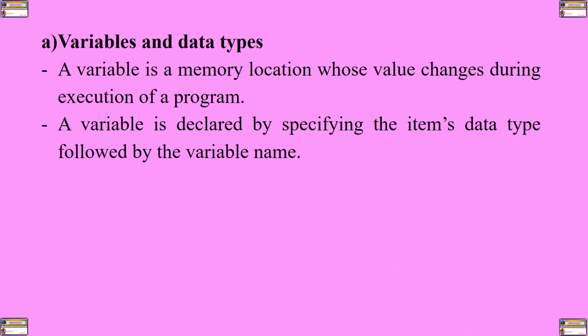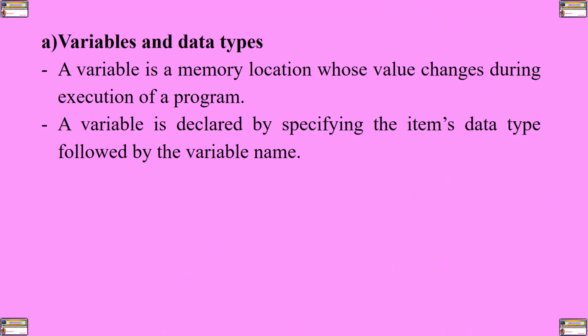In other words, you can set a memory location assigned to store values, and those values can be changing during program execution. And therefore, that memory location that you have set aside to be used for holding a certain value during processing time is what we are calling a variable.